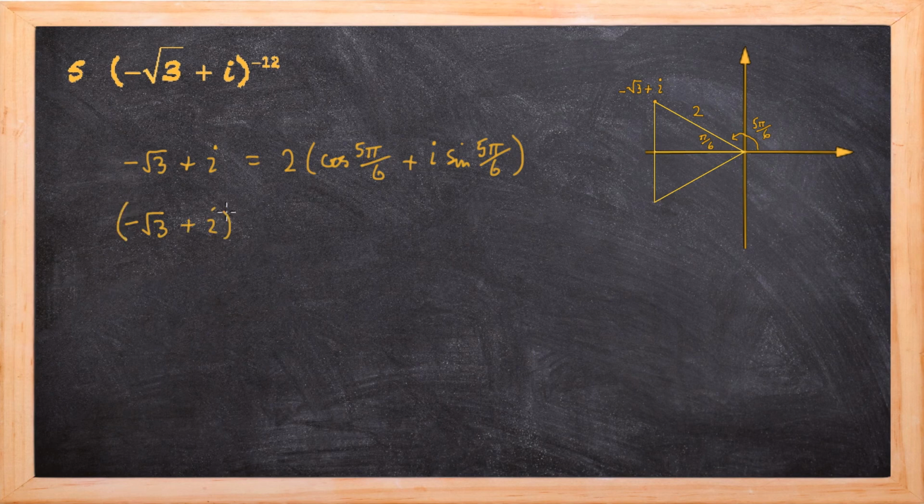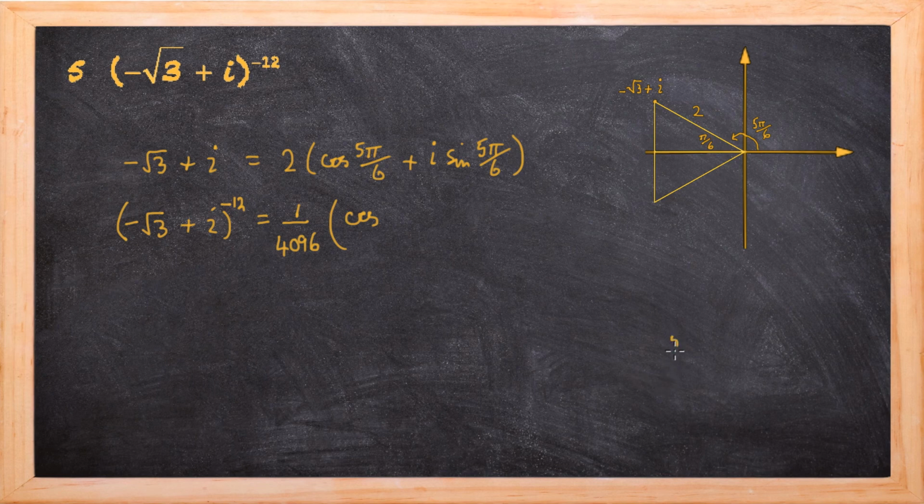Now that's a hefty calculation for this part, 2 to the power 12. So take my word for it, it's 4096, with a negative means it's 1 over 4096. And then for the angle, we have to take 5 pi upon 6, multiply it by negative 12.